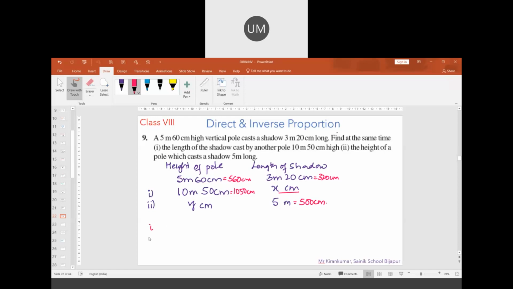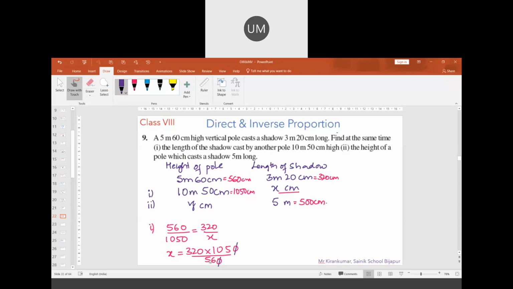Let's find the first one. 560 divided by 1050 is equal to 320 divided by x. So x will be equal to 320 into 1050 divided by 560. One of the 0s will cancel.